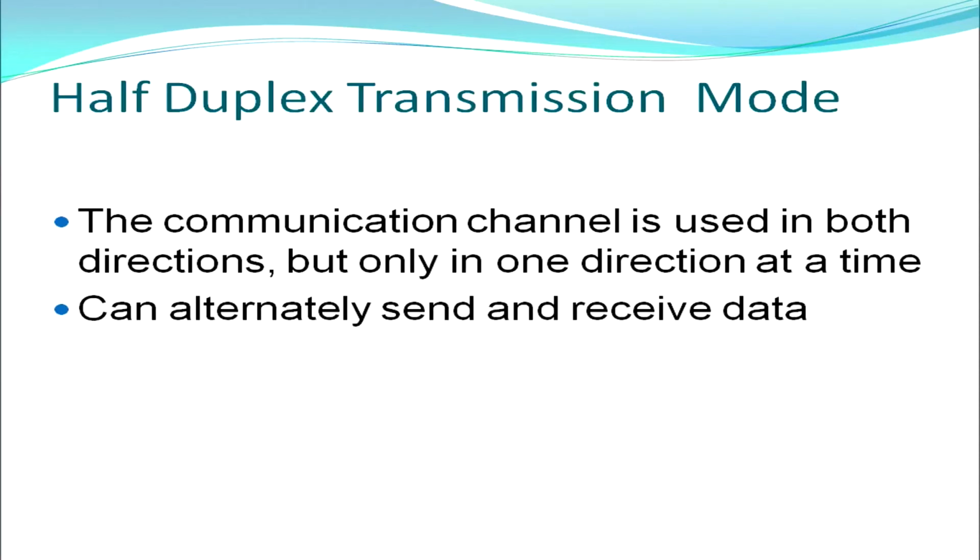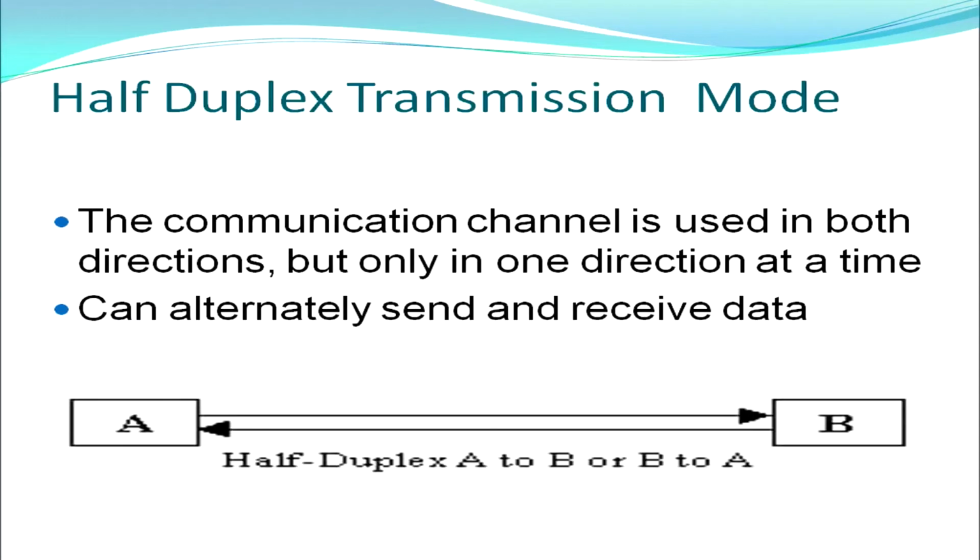So, the transmission channel can be used in both directions as shown in the figure that will be coming up, but this sending and receiving of data is done alternatively in the 2 directions. That means when the data is being transmitted from A to B, it will not be transmitted from B to A. This is the half duplex transmission mode.